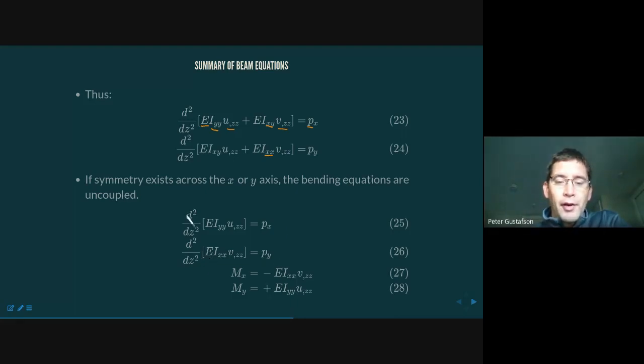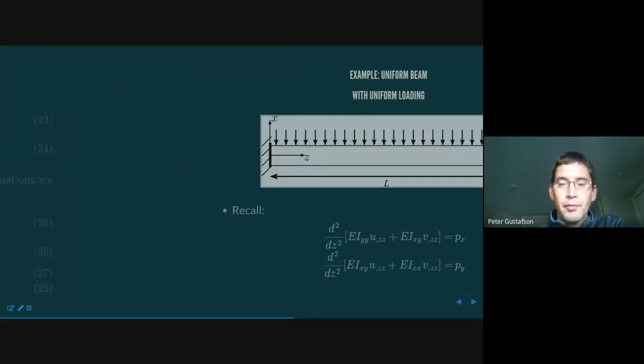Anyway, all of that being said, we also found that another way to express these same equations is in moment terms. So the applied moment at any point in the beam is going to be equal to a generalized stiffness, in this case EIX or EIY, times a generalized displacement, in this case really the curvature of the beam. So that's what we came up with last time.